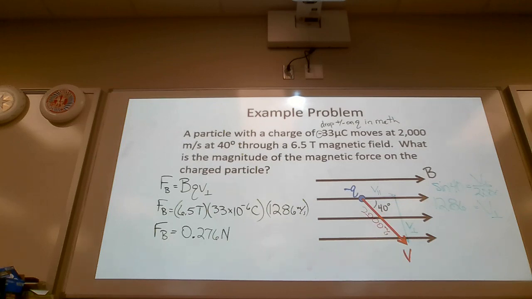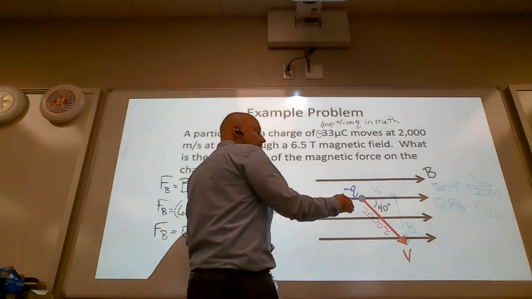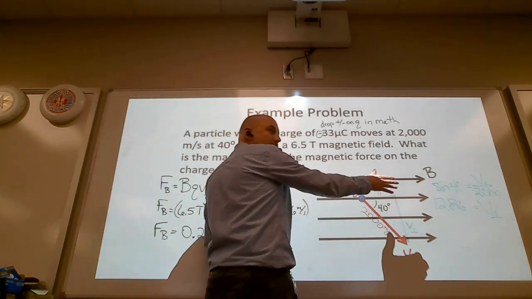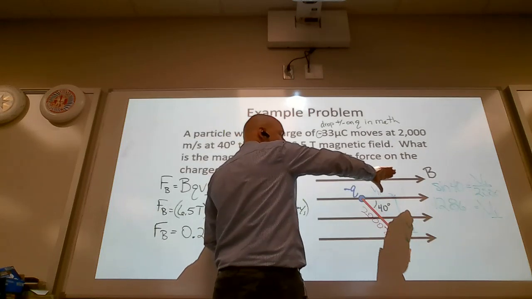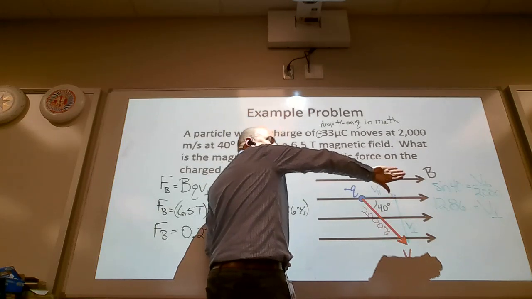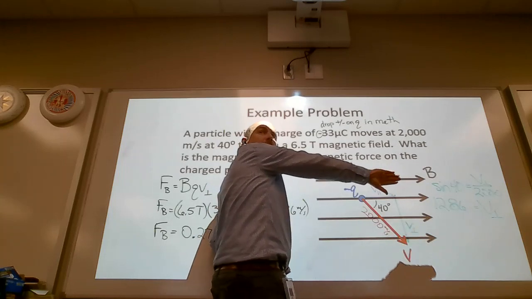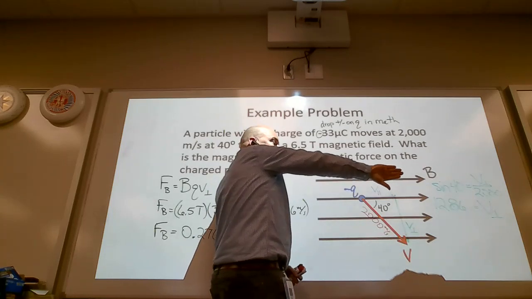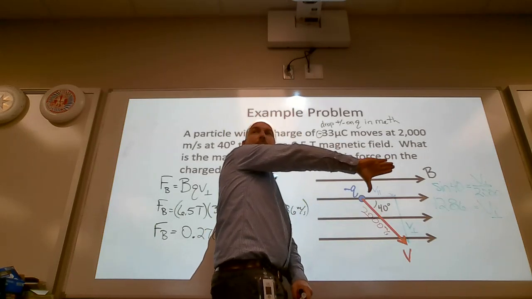So to determine this, we're still going to use our right hand rule, number 2. You're going to put your fingers in the direction of the magnetic field. Your thumb, check this out, do not put your thumb in the direction of the red arrow. Put your thumb in the direction of the green arrow because that's the component that is perpendicular.